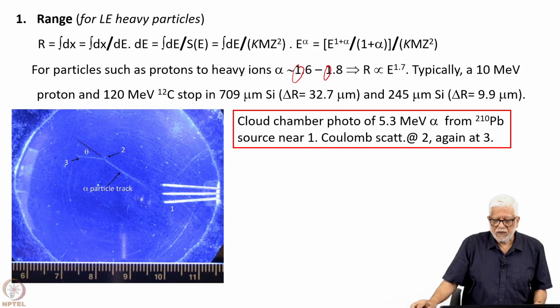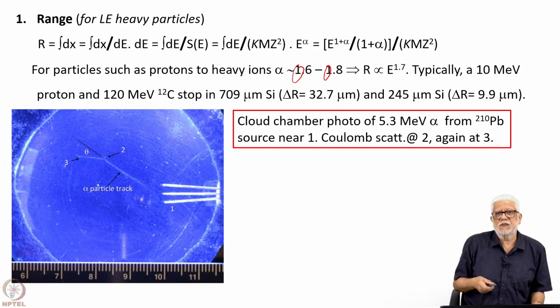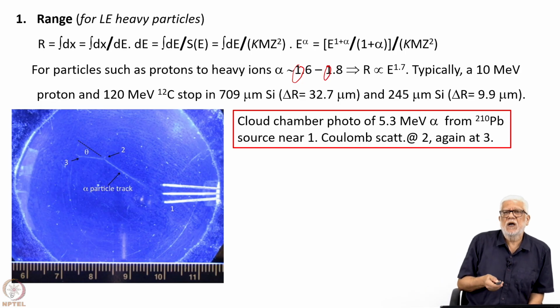So the range is proportional to E to the 1.7 roughly, in a limited range of energy. Typically, therefore, a 10 MeV proton stops in about 710 micrometers of silicon, and of course the spread in the range is of the order of 33 microns.